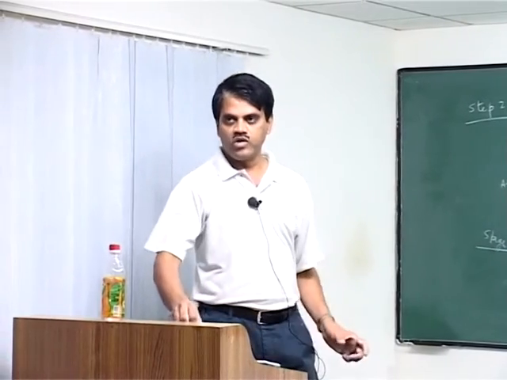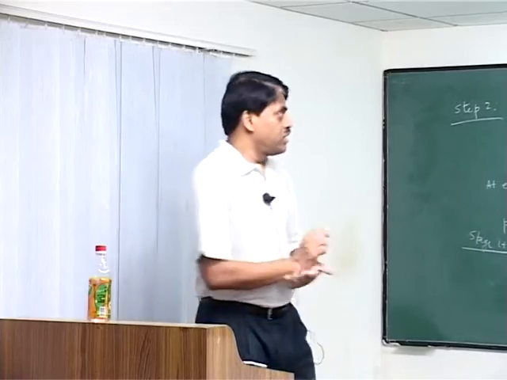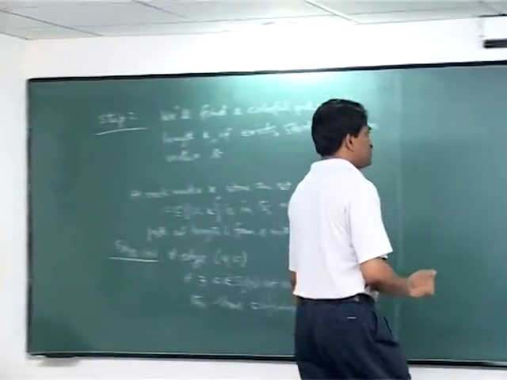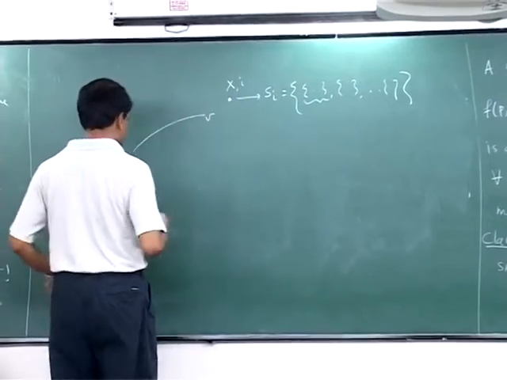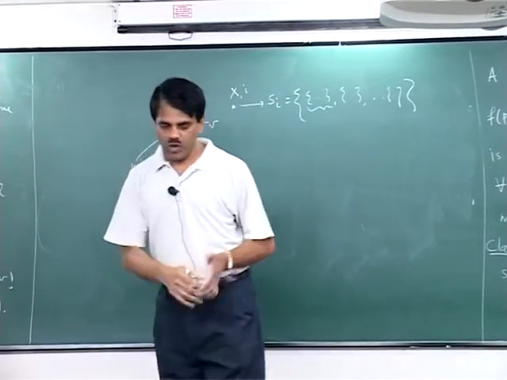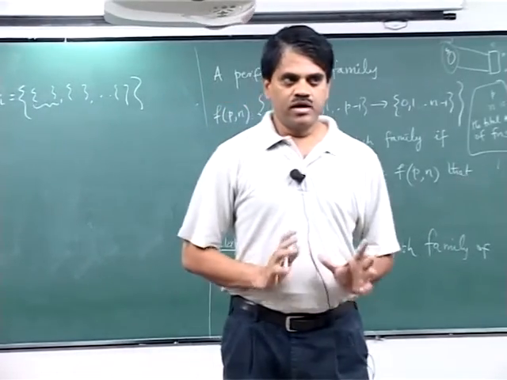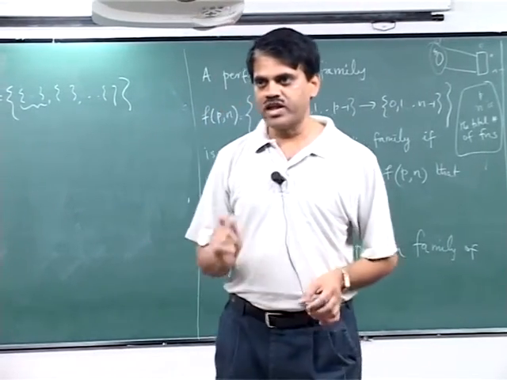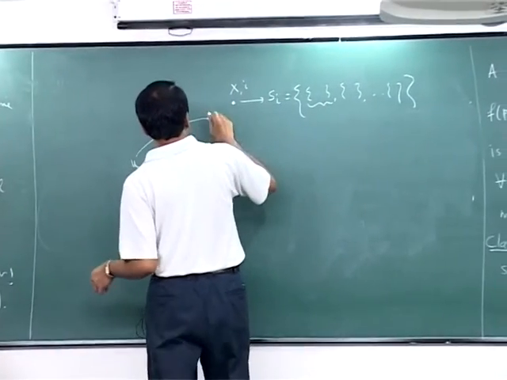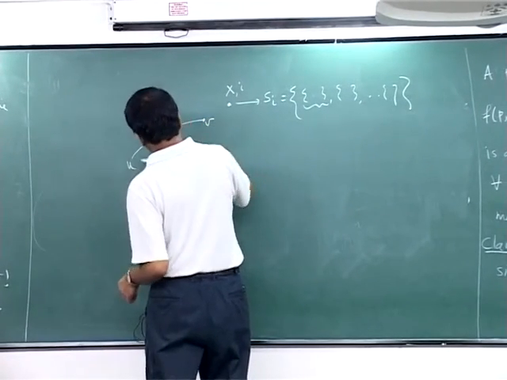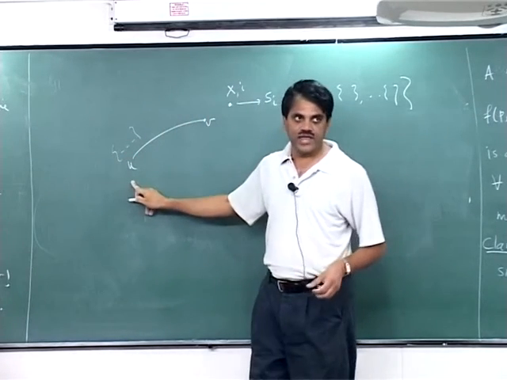exactly what we need to do. So what is this? So I look at an edge UV. This is at stage i plus 1. What do I want at stage i plus 1? I want color sets of paths of length i plus 1 stored at every vertex. That's the invariant I want. So I look at the edge UV and say, okay, U has a lot of color sets stored at stage i, right?